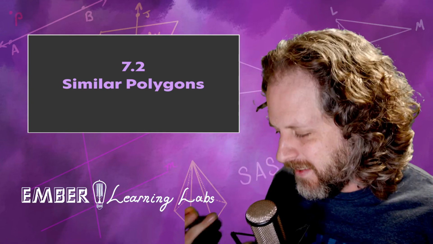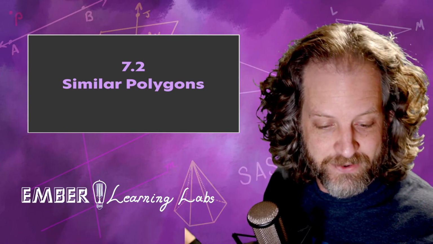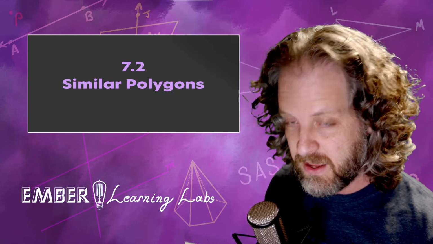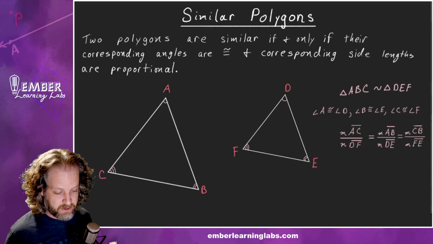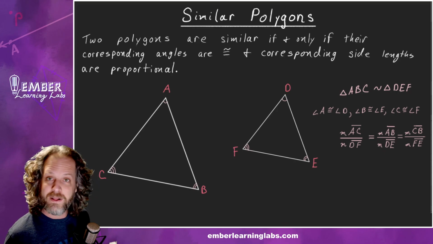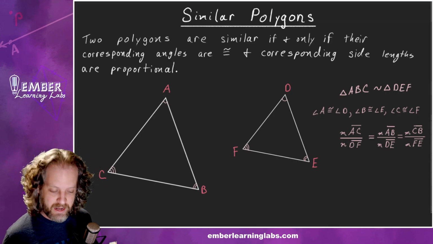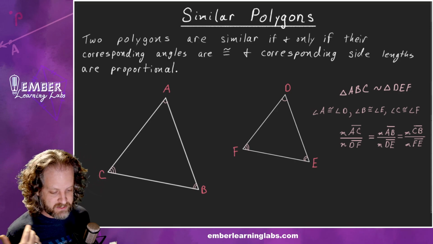That's a good start, but this is geometry, this is math, so we need similar in a mathematical sense. Two polygons are similar if and only if their corresponding angles are congruent and their corresponding side lengths are proportional.